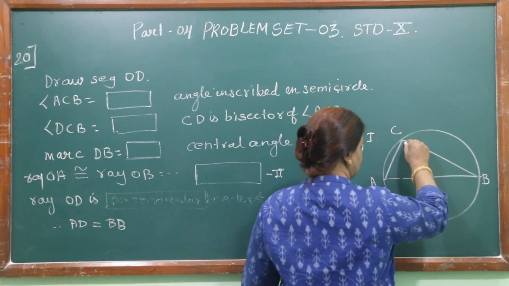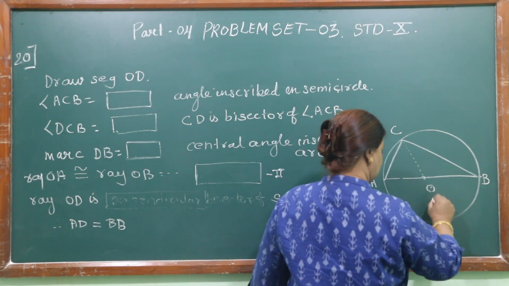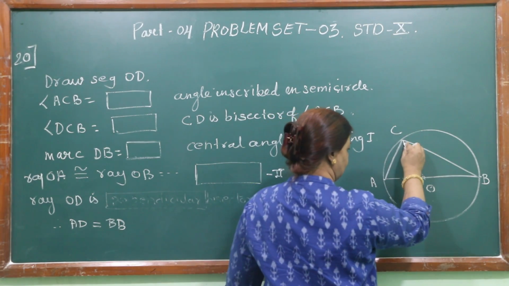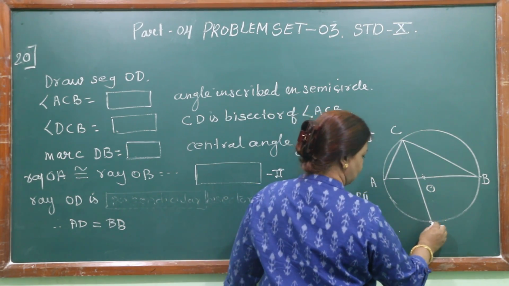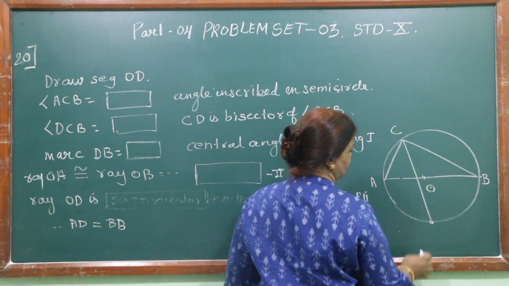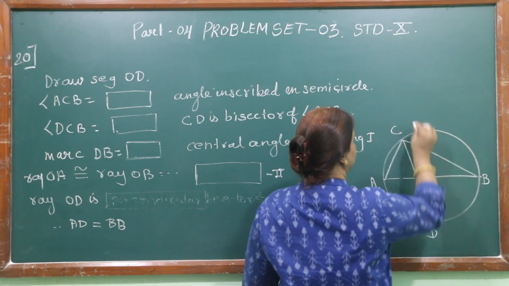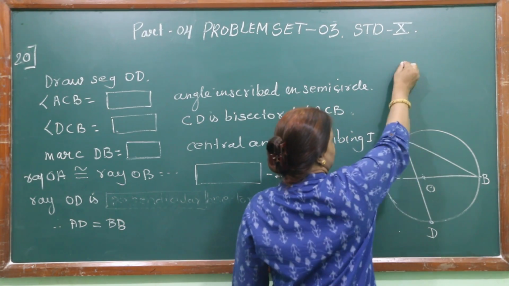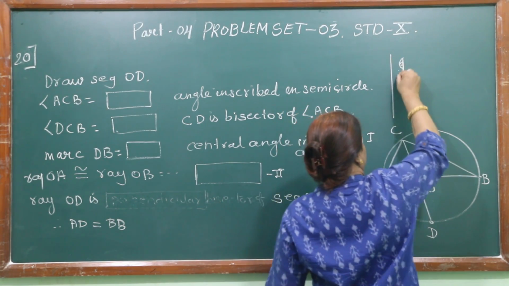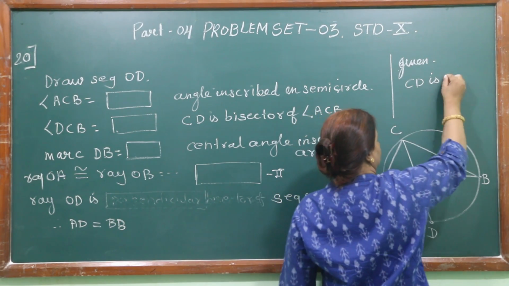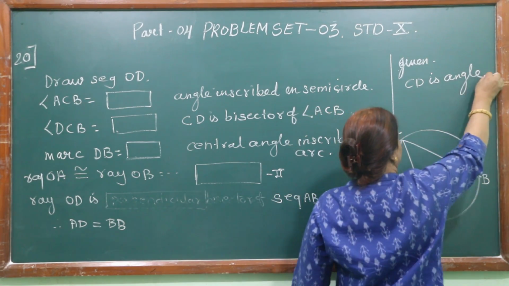Then there is a line CD given as an angle bisector.